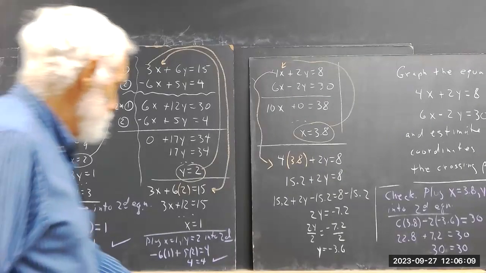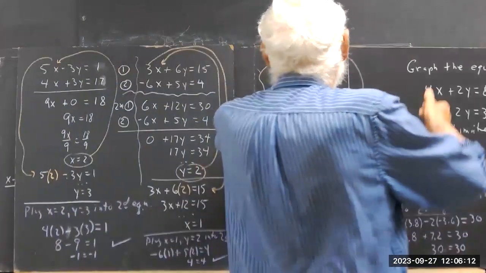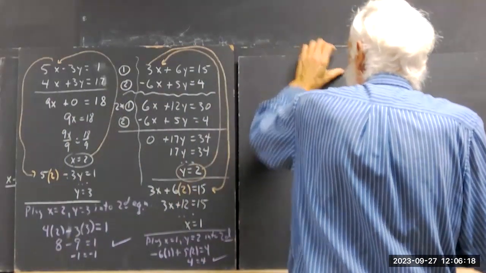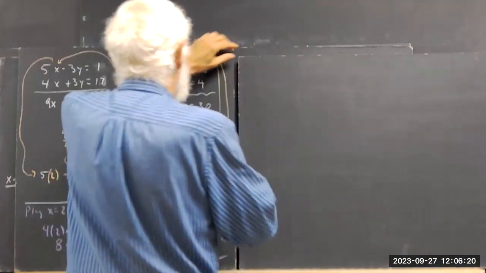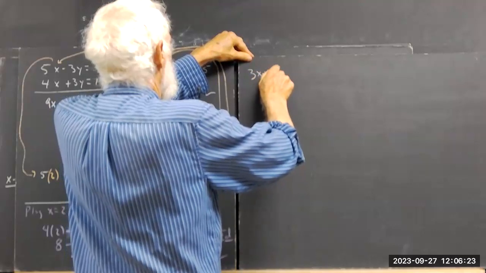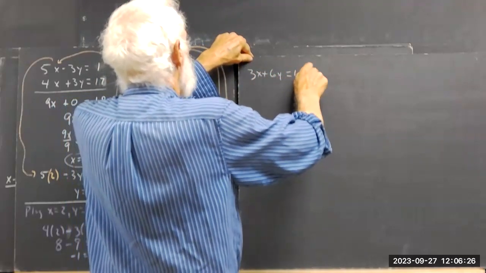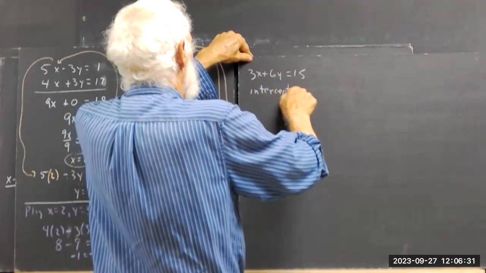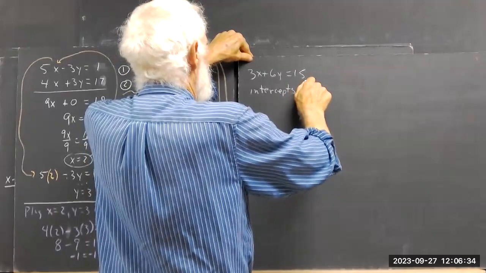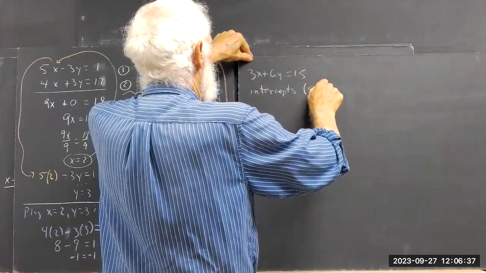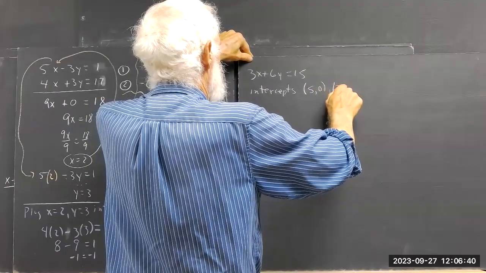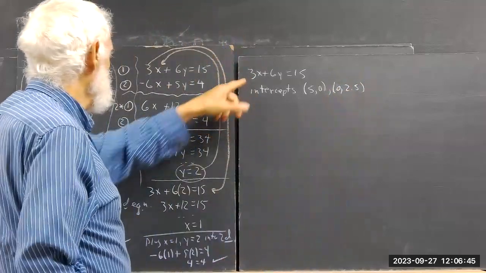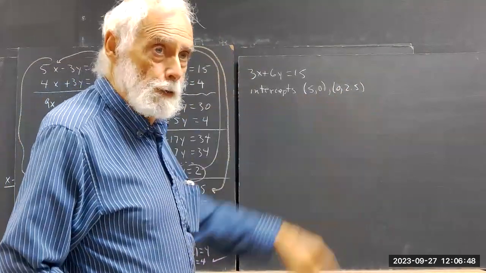Now, just to be sure that we see the geometric picture here. The x and y intercepts from this equation are (5, 0) and (0, 2.5).